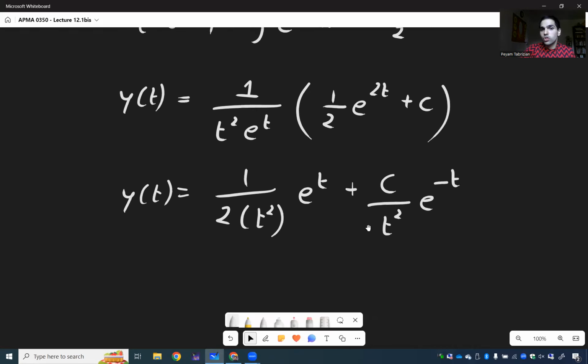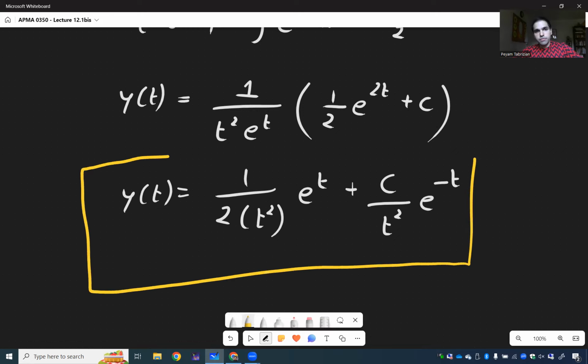And again, careful, don't just write this as plus c, because everything else depends on t.